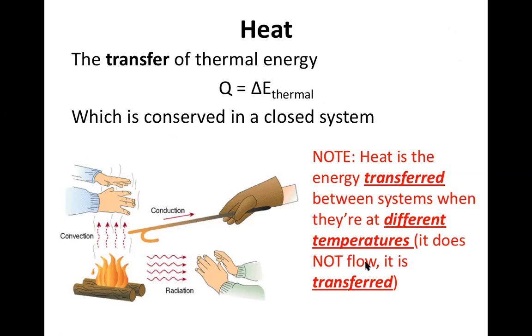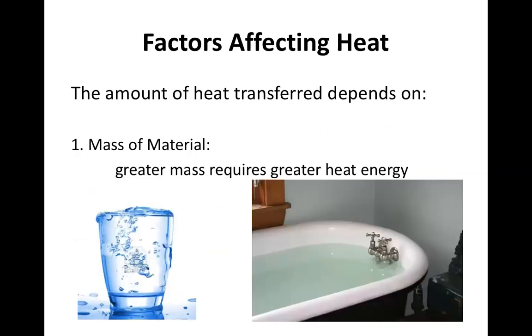Even though we say heat flow and we know what is meant by that, heat doesn't flow, it's energy transferred. And the three methods of heat transfer, which you will have coming up in questions, are convection, conduction, and radiation. You'll read more about those.